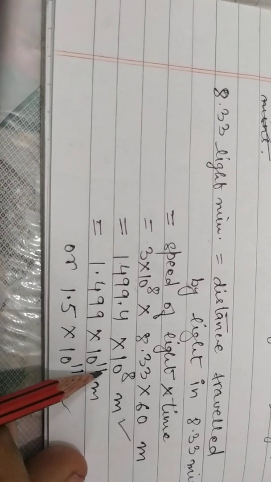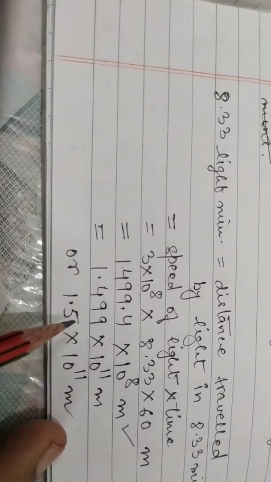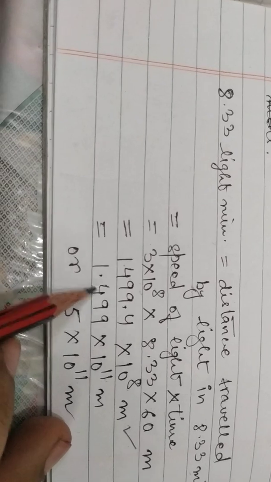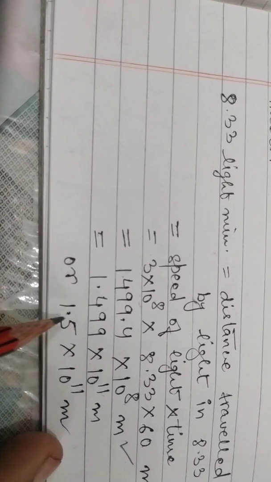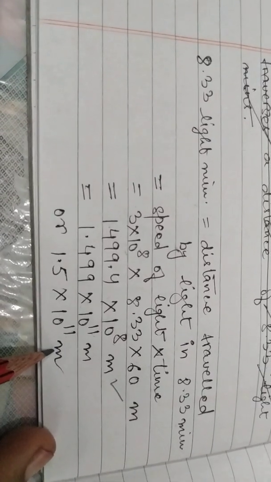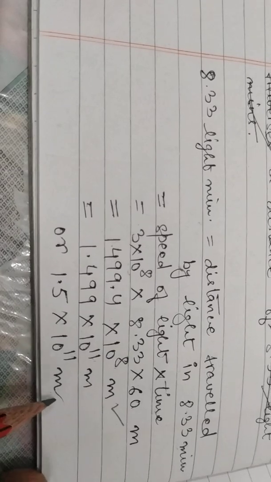So this becomes 10 to the power 11. So 1.499 into 10 to the power 11. This can be approximated to 1.5, so you can round it off. 1.5 into 10 to the power 11. So this is the answer given in your book.